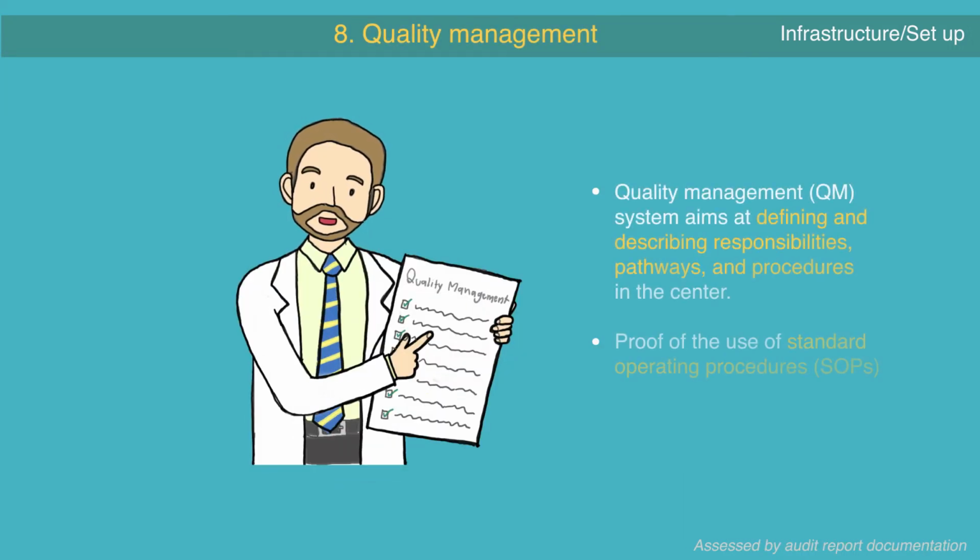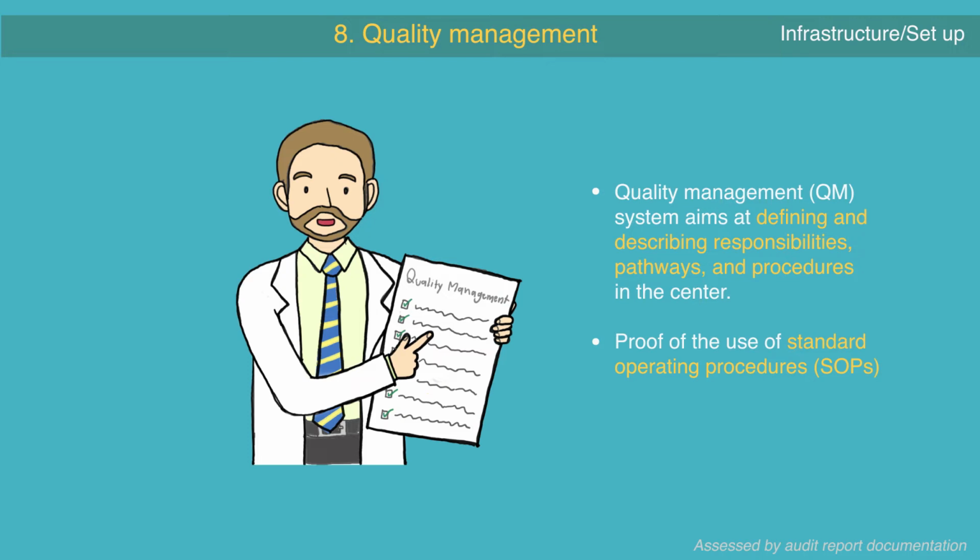Number 8. Quality management. In general, QM systems aim at defining and describing responsibilities, pathways, and procedures within the centre. They rely on a QM handbook that includes all the standard operating procedures, or SOPs, of the centre. It is important that centres know that they need to have SOPs for urticaria management.